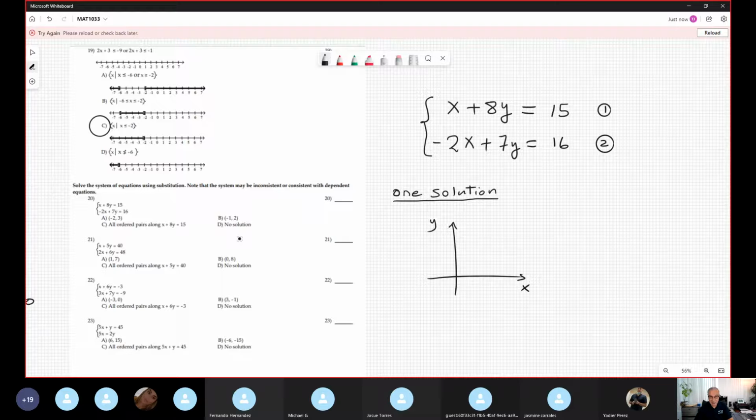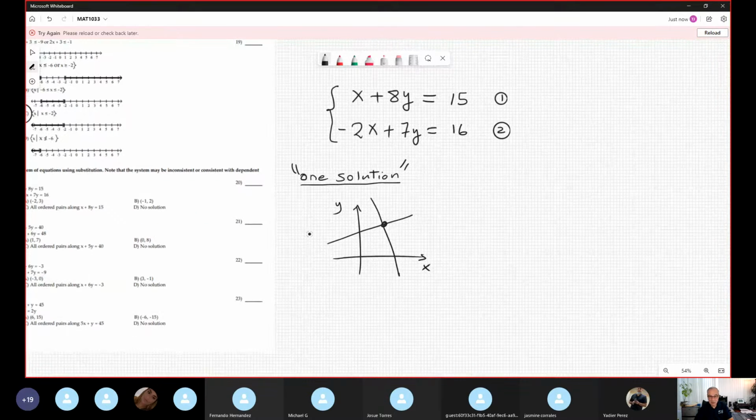This equation maybe is one line, and maybe it's another line, and the common point is the solution, one solution. However, you need to be aware that we have another possibility. Another possibility is when the lines are parallel. You know very well that when the lines are parallel, it's because they have the same slope and never meet. They have no common point, therefore it's no solution.